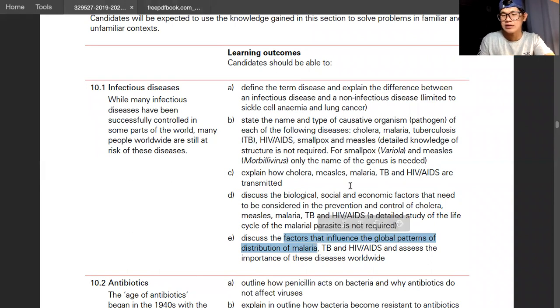Okay, which area is more likely to develop TB, which area is more likely to develop HIV, which area is more likely to develop cholera, so on and so forth. Okay, and you need to be able to relate it to biological factors, the socio-economic impact. Okay, so whether they are crowded, whether they are poor countries, whether they are rich countries, or whether they have a proper sanitation programs, proper vaccinations.